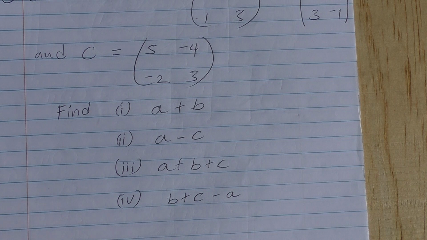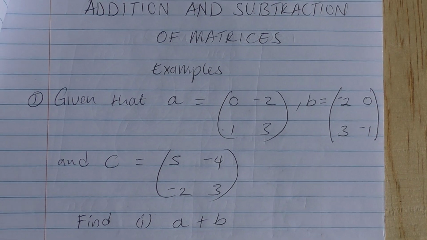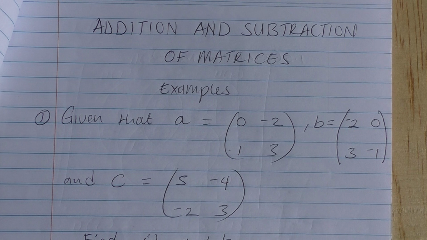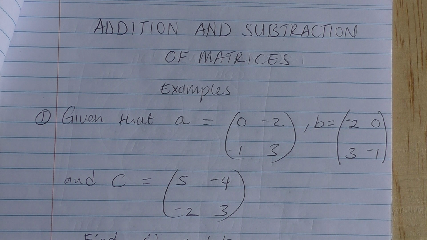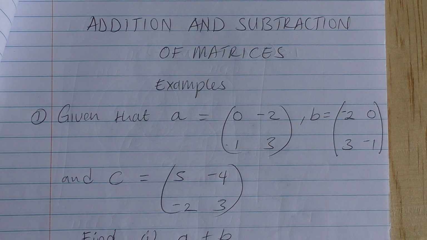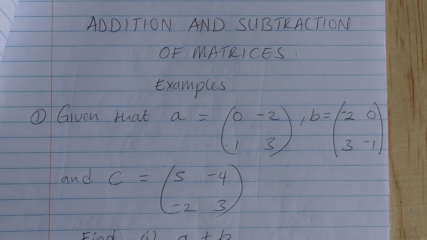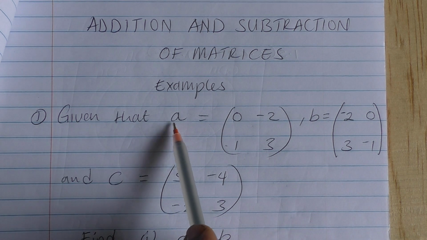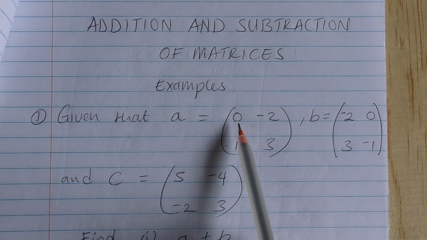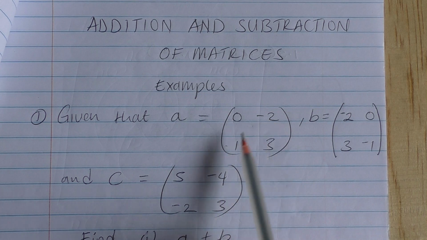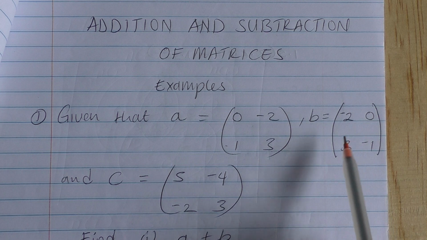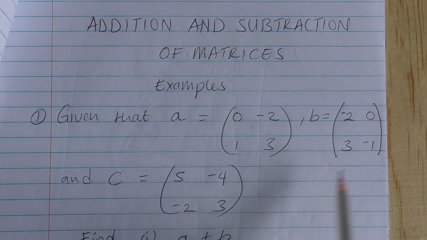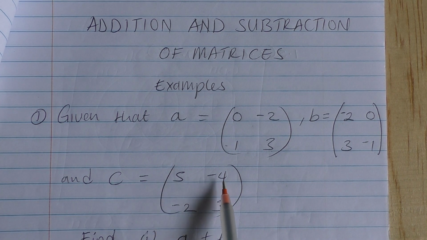Then after looking at how we get order of a matrix, let us look at addition and subtraction of matrices. For instance, given that matrix A is equal to 0, negative 2, 1, 3, and B equals to negative 2, 0, 3, negative 1, whereas C equals to 5, negative 4, negative 2, 3.